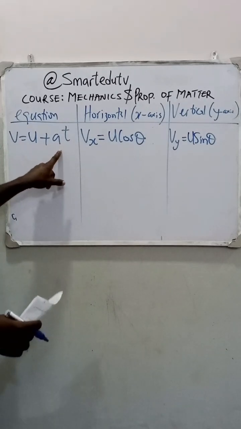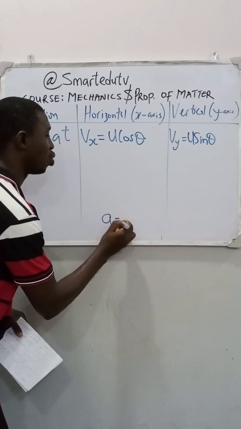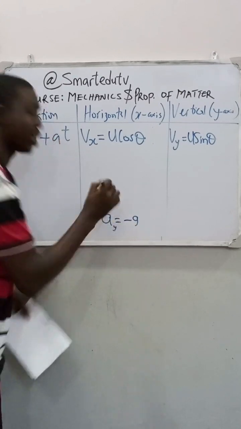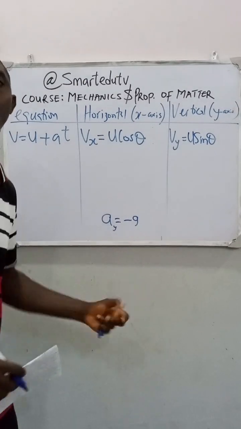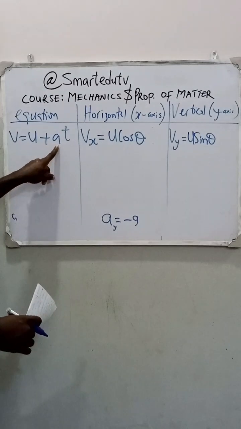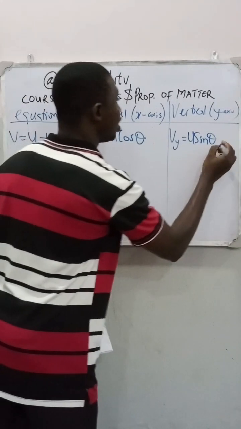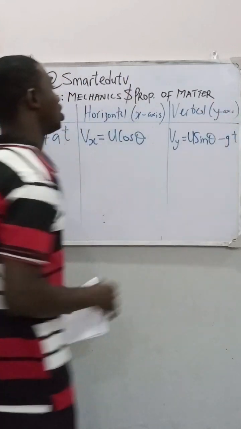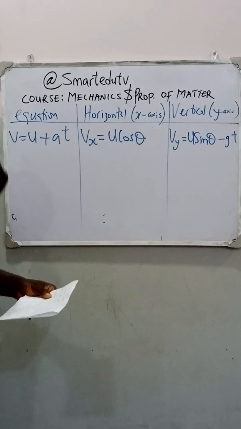Acceleration along the y-axis becomes negative g. Don't forget. Why? Because it is going against gravity. That means my plus a becomes minus g, then we have the t, so minus gt. So we have Vy equals u sin theta minus gt.